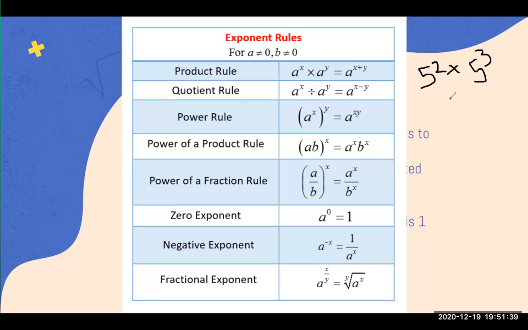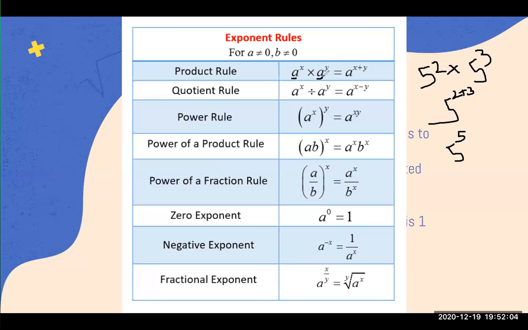It is 5 to the power of 2 plus 3, and this is equal to 5 to the power of 5. And this only works if you have the same base number.